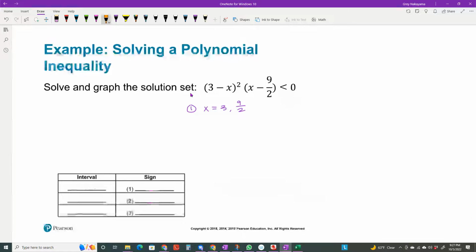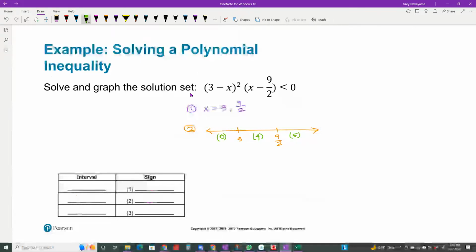Okay, step 2, I'm making my number line. 9/2 is 4.5. So I have 3 here, and I have 9/2 here. And my test values, the 0 is here, 4 is here, and 5 is here.